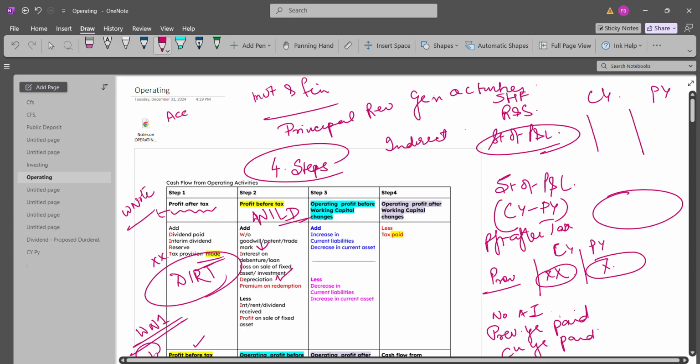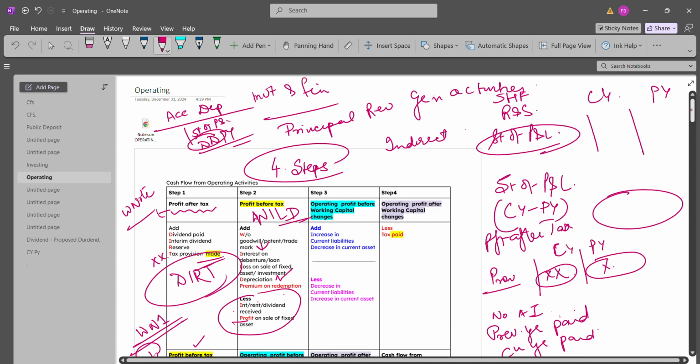When we prepared the accumulated depreciation account, the one given on the credit side in the statement of P&L, this is depreciation during the year on all assets that we have. This needs to be added. Any interest, rent, dividend, etc. received by us or profit on sale is deducted. This will give us operating profit before working capital changes.